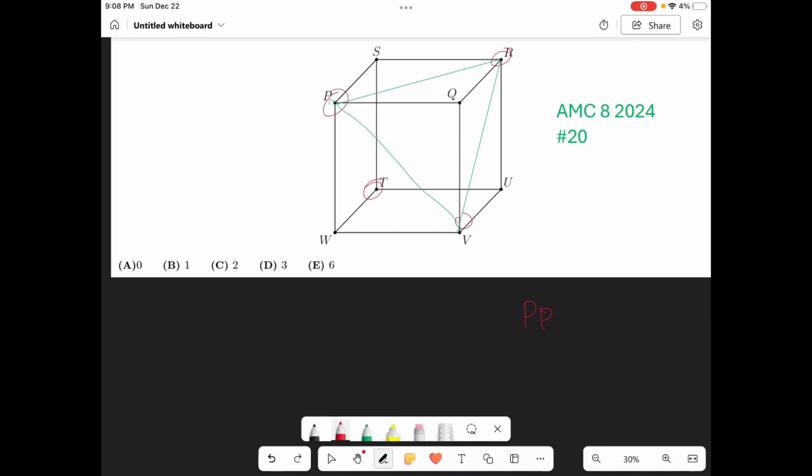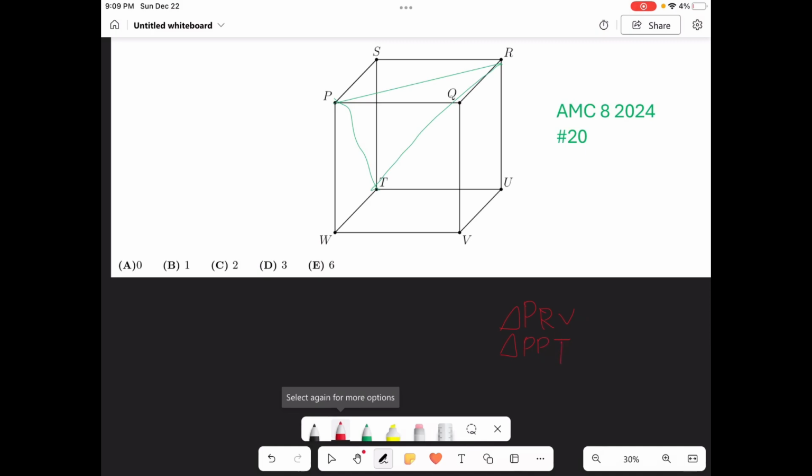That's one. We can also do P to R, then to T, and then back to P. That also works, so triangle PRT.